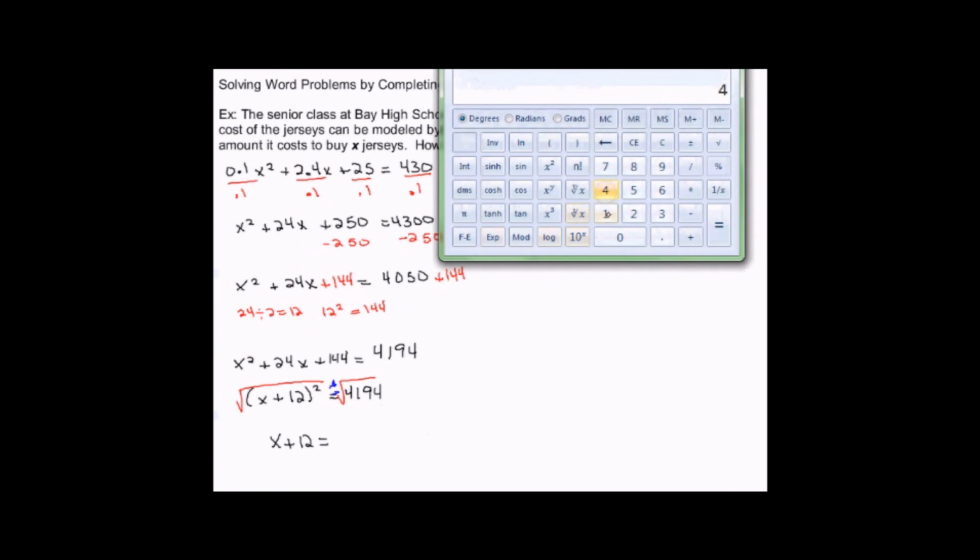Factor, and I'm going to have x plus 12 squared is equal to 4194. Take the square root of both sides, and I get x plus 12 is equal to, oh, whoops, big mistake, plus or minus, I forget this. So let's find out what the square root of 4194 is.